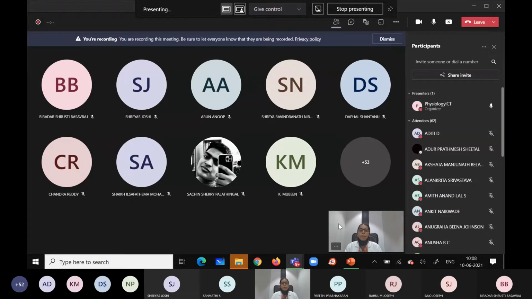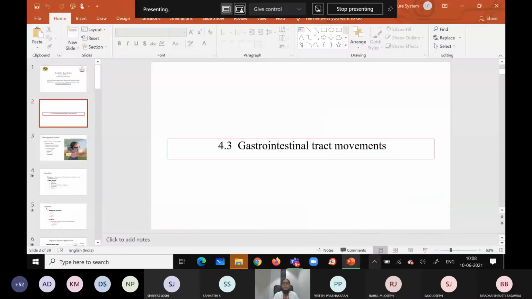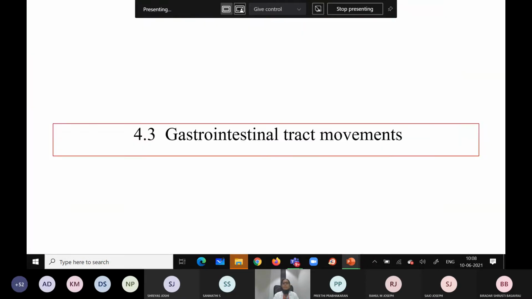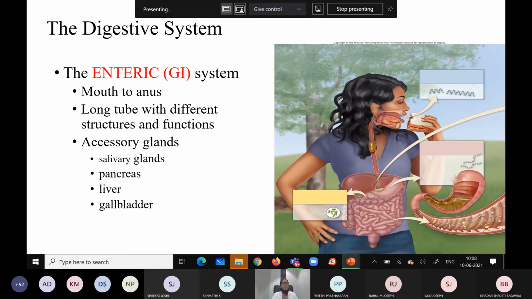Okay, so continuation of this, now we will move on to the movements of stomach and small intestine. So this I told you in the last class itself. The GI tract spreads from mouth to anus.